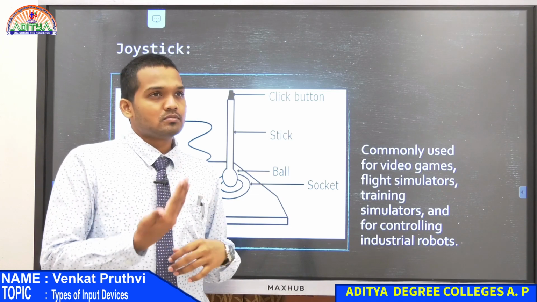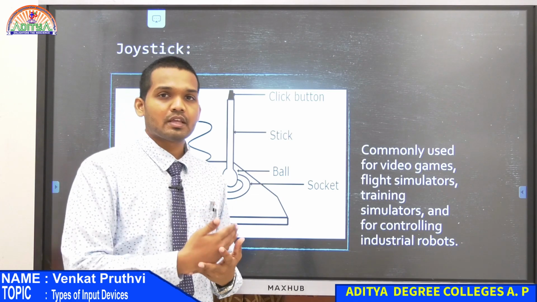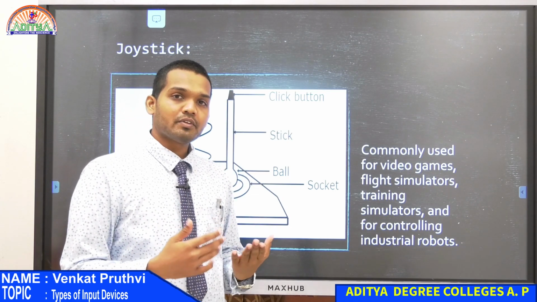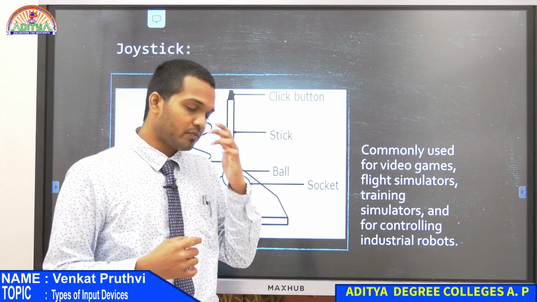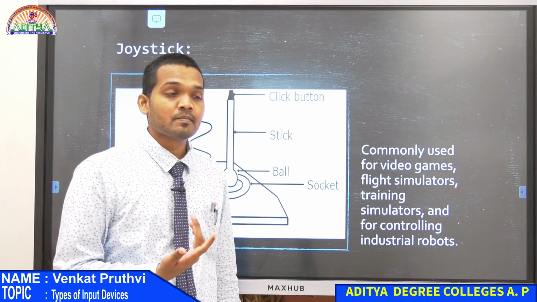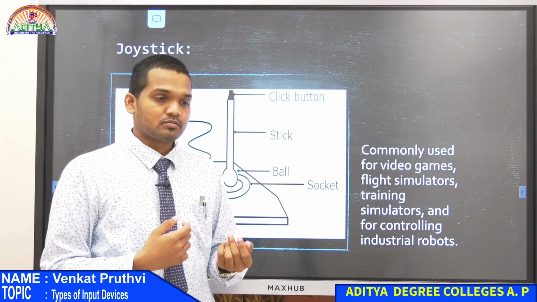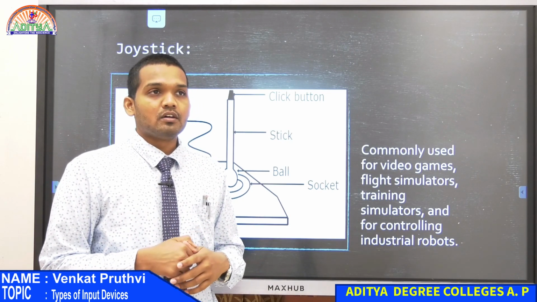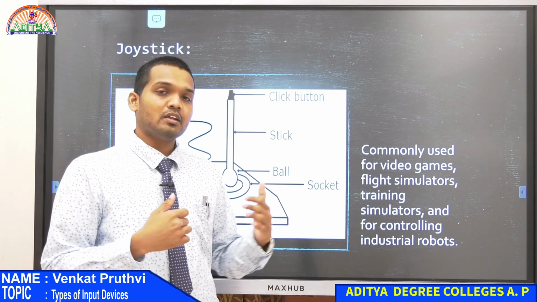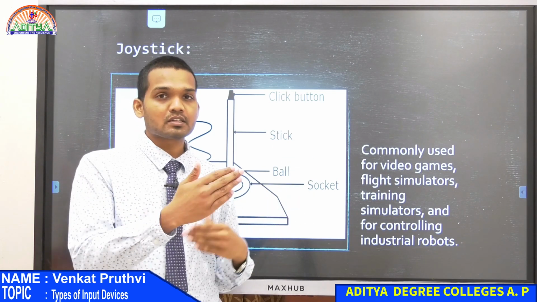Then in 2008, 2010, at that time, we started to have wireless joysticks. Wireless joysticks were based on the wireless technology that had evolved by then, where you need not have a wire. Instead, that wireless joystick had a range from the device that it is connected to.